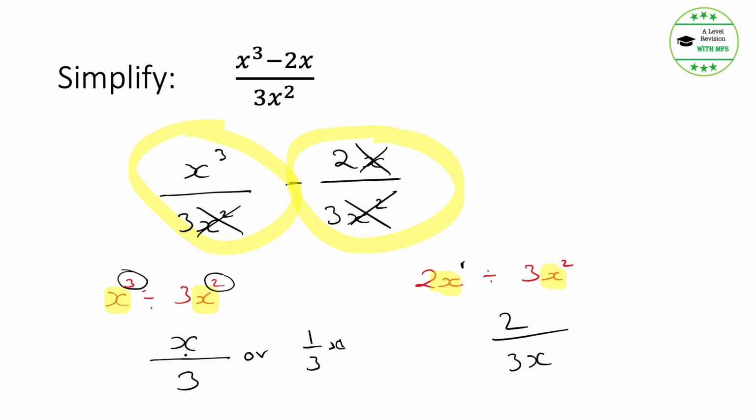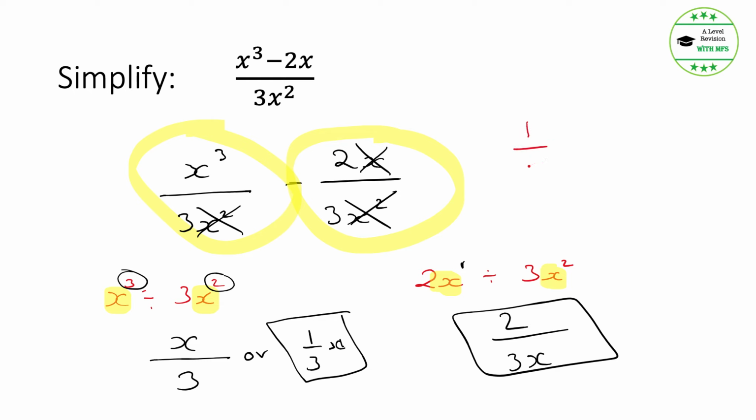Now if we combine them together, we have 1/3 x and we have 2/3x, and they're being subtracted. So putting them together, we've got 1/3 x, or x/3, minus 2/(3x).